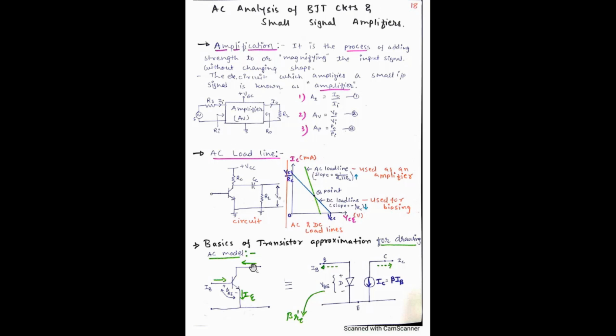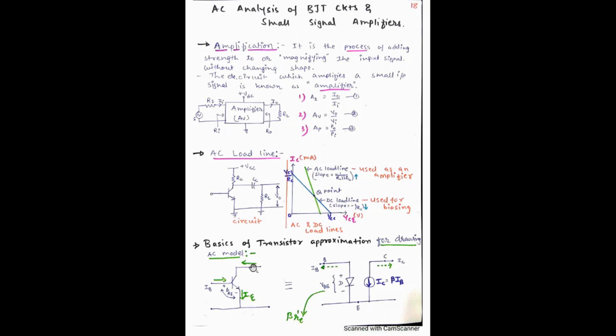Now, dear students, recall the output characteristic of the common emitter transistor. We will have an almost constant output current in the characteristic. Initially, IC increases and then we get a constant output current as per the output characteristic of the CE configuration.